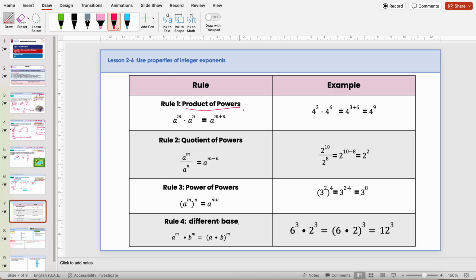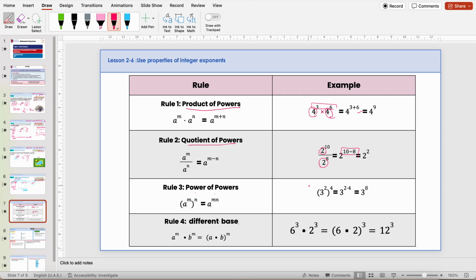So product of powers, so I have 2 powers, they have the same base and I need to multiply them. Just combine the exponents. Quotient of powers, I have 2 powers, they have the same base, but what should I do with the exponent? Just subtract them.